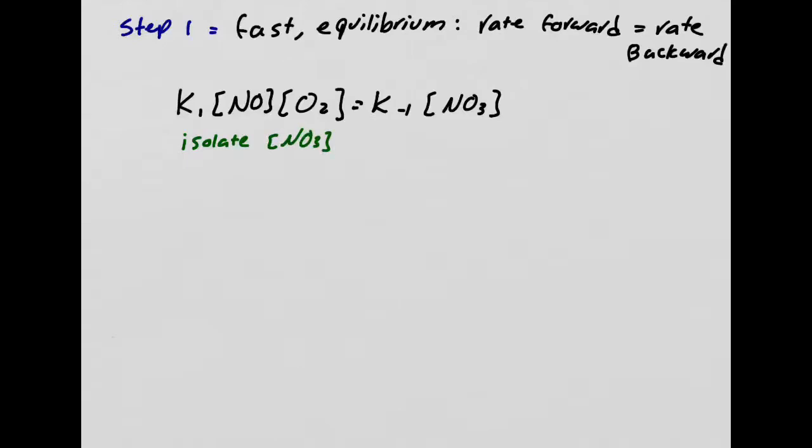So I'm going to move things around so I can isolate NO3. If I do that, K1 over K minus 1 times NO times O2 is going to equal NO3. All I did was move this over here to isolate NO3.